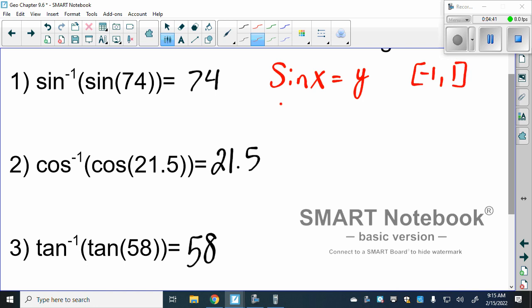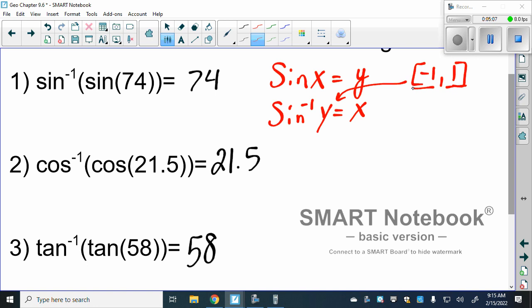For the inverse, sine inverse, we end up taking y equal to x. We're switching the values of x and y, which means the side lengths going in for sine inverse cannot be greater than 1 or less than negative 1. If they go outside those bounds, I can't take the inverse.